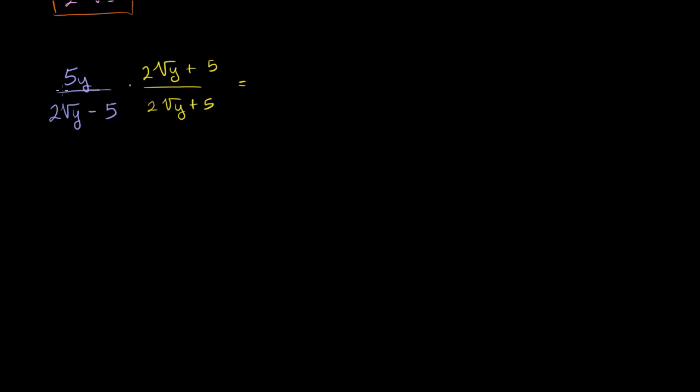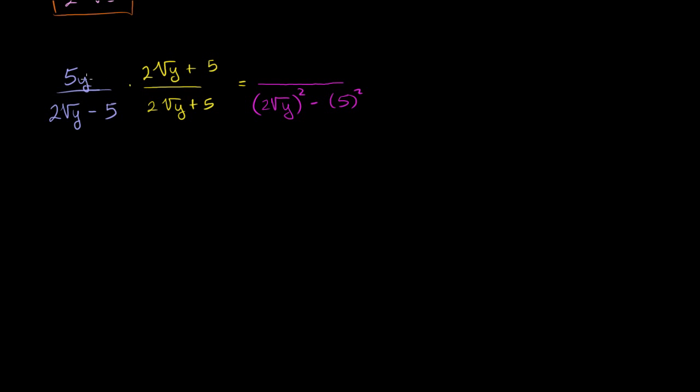So let's start with the denominator. What is the denominator going to be equal to? The denominator is going to be equal to this squared. It's, once again, just a difference of squares. So it's going to be 2 times the square root of y squared minus 5 squared. Right? If you factor this, you would get 2 square roots of y plus 5 times 2 square roots of y minus 5. This is a difference of squares.